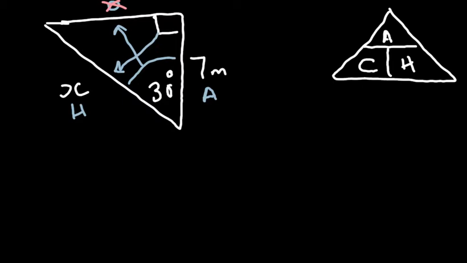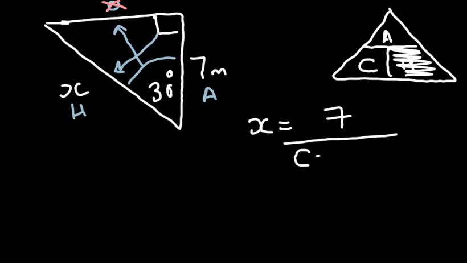So this time I'm looking for the hypotenuse. So I get rid of it, and this line in the middle here means divide. So to find the hypotenuse, I'm going to do the adjacent side, which is 7, divided by cos of the angle, which is 30 degrees. And again, I don't know this one, so I'm going to stick it into my calculator.